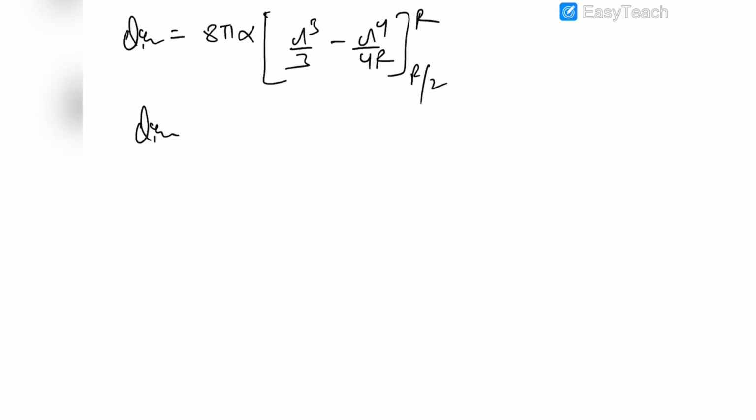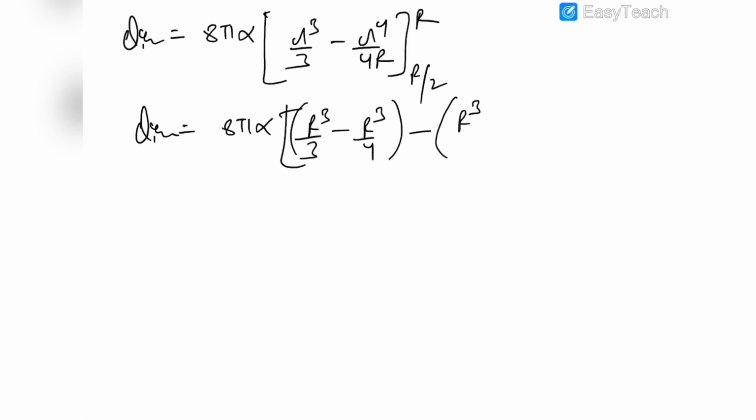So Q inside will be equal to 8 pi alpha, and putting the limit R, this is R cube by 3 minus R cube by 4, minus, and this will be R cube by 8 into 3, which is 24, and minus r to the power 4, which would be R by 16, and there is 4 also in the denominator, so it will be R cube by 64.